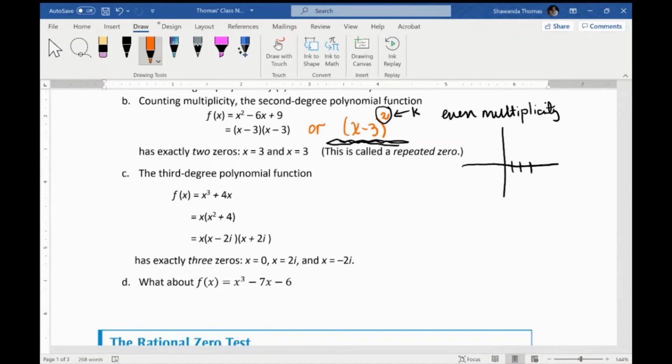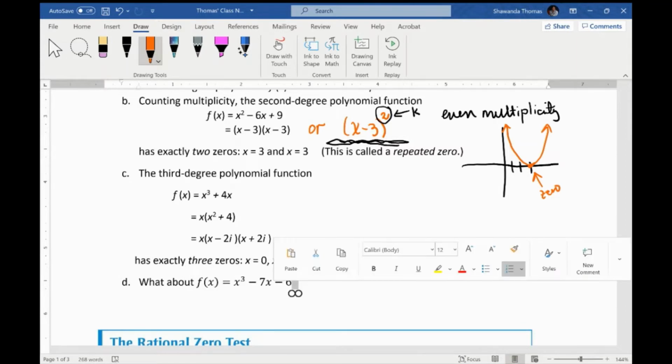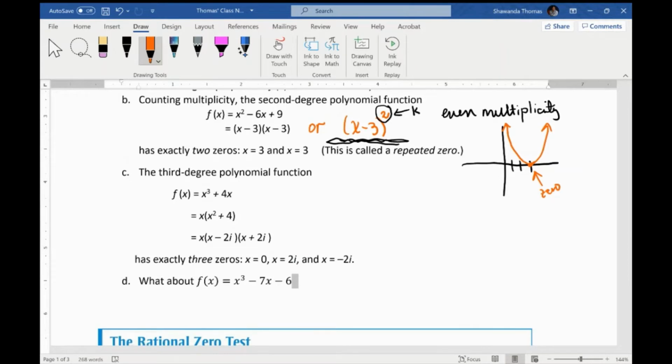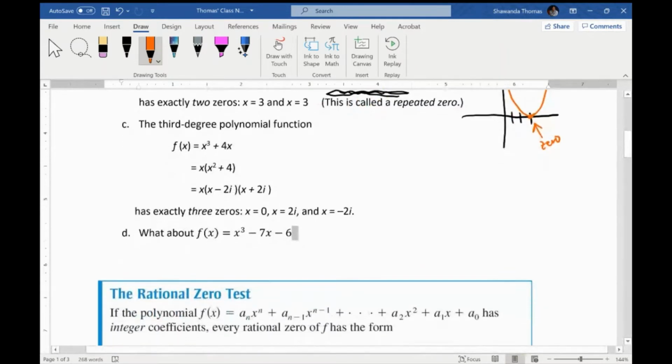So this is your zero right here, or your x-intercept, (3, 0). And y'all know this because y'all know transformations, right? You know that it's going to be a horizontal translation to the right. So that's why you see that it doesn't cross the x-axis, it bounces off the x-axis.